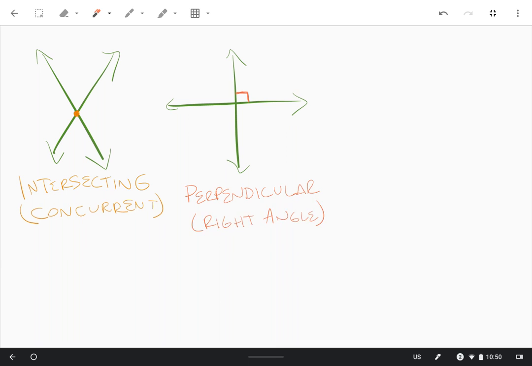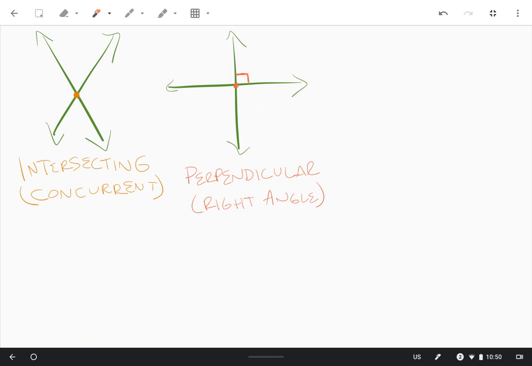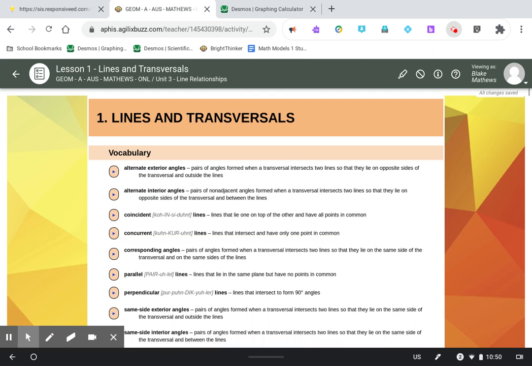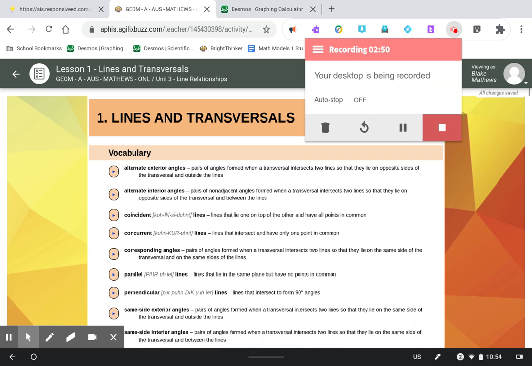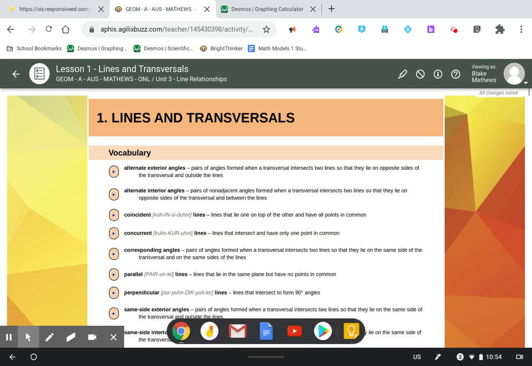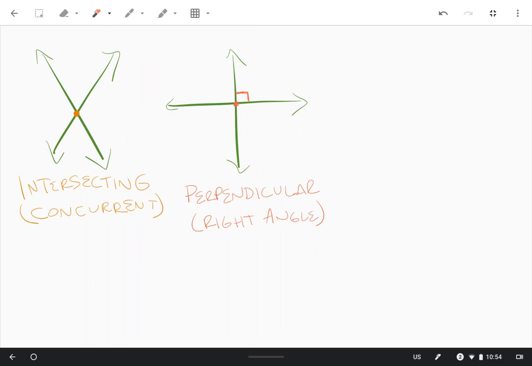And you'll see that marked with the box like you see here on the notes. So that box tells you that those lines intersect in that particular way. So these lines still only intersect in one point. All right, so that's the second type of line relationship.